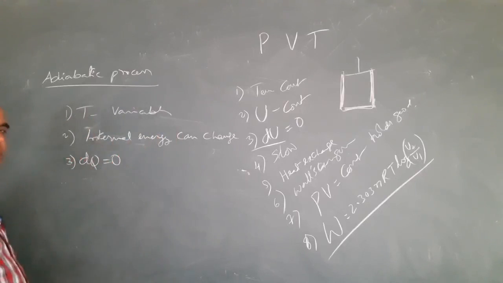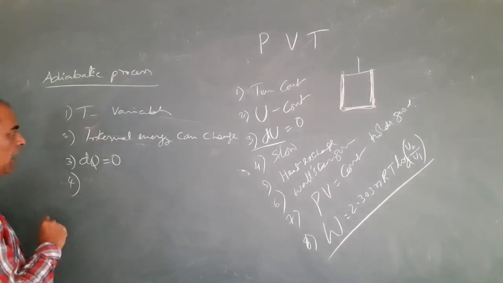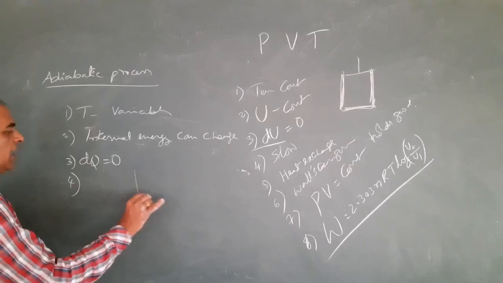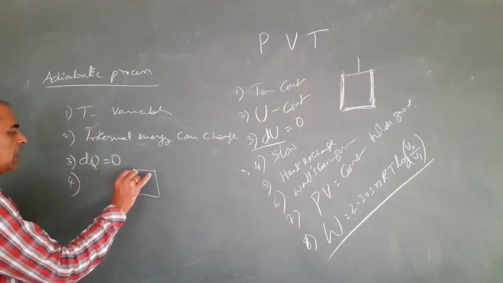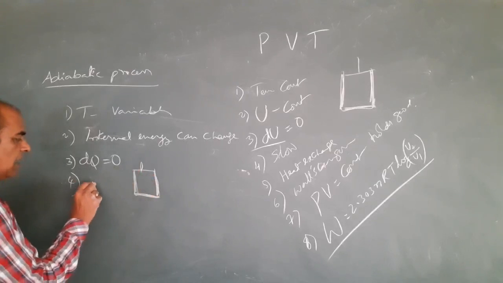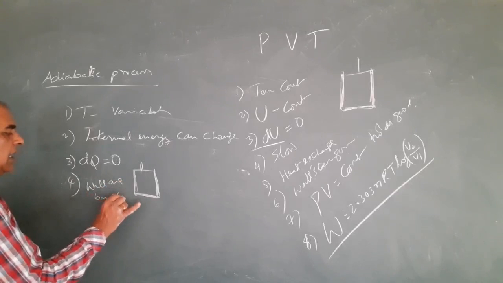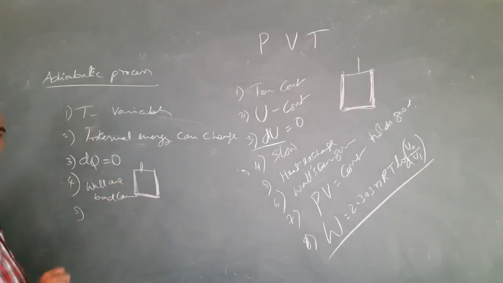Heat cannot exchange between system and surroundings: dQ is 0. Fourth point: since heat is not exchanged, the walls are made with bad conducting materials.